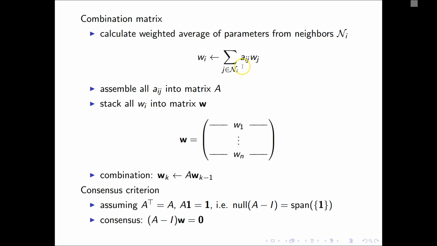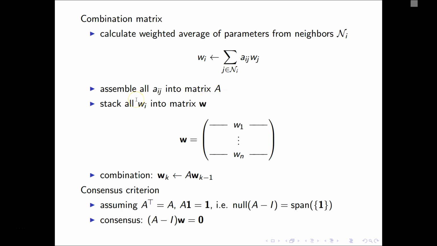Aij will be some kind of weight assigned to node j by node i, and j will go over all the neighborhood of i. As you can see, this pretty much looks like matrix multiplication, so we can assign all the Aij into a big matrix called A, capital A.